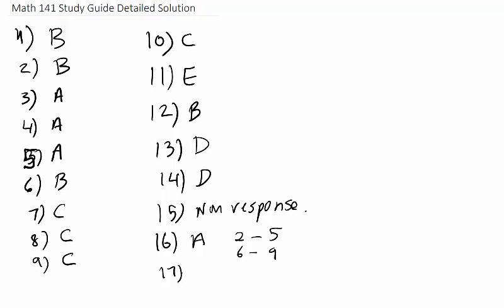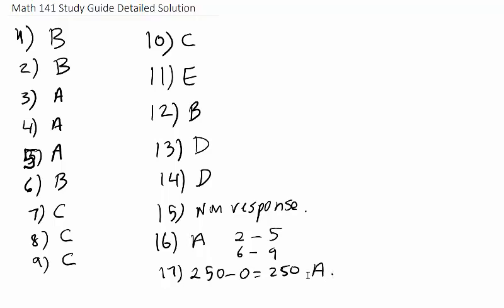I'll take any 2 consecutive classes and do the difference between the 2 lower class limits. So you can do 250 minus 0, or you can do 500 minus 250, or 750 minus 500 to get the class width. So it will be, let's say, 250 minus 0, which is 250. And if you check 250, that's going to be A.